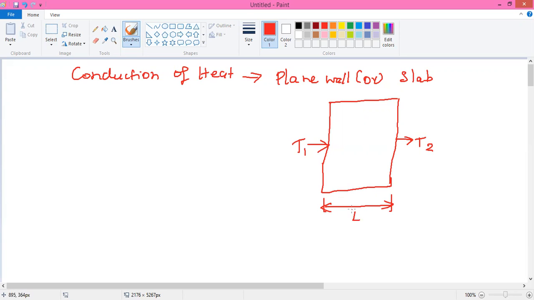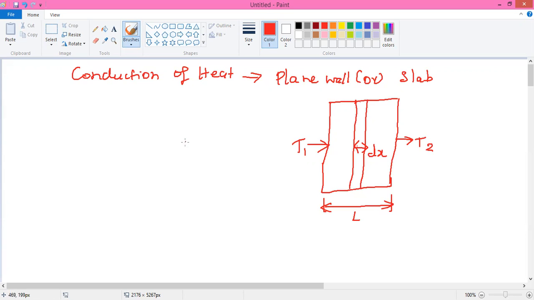We find out the heat transfer rate for a particular area. Let us consider a small element of thickness dx from this element.